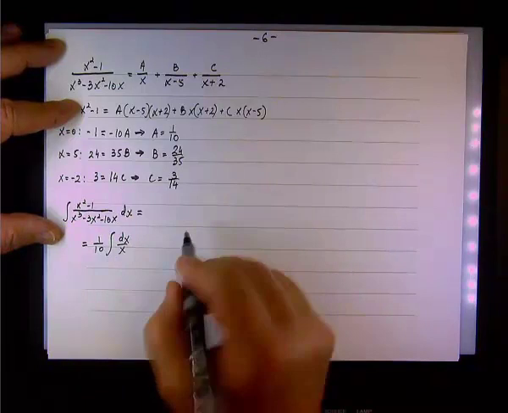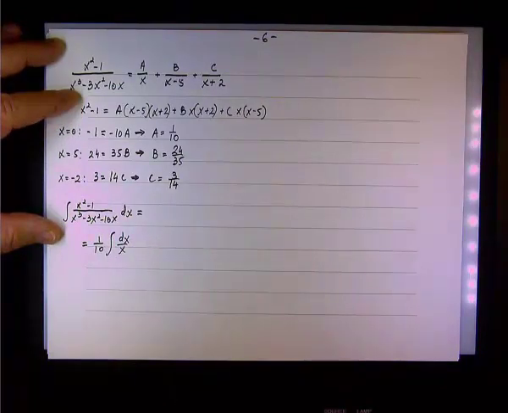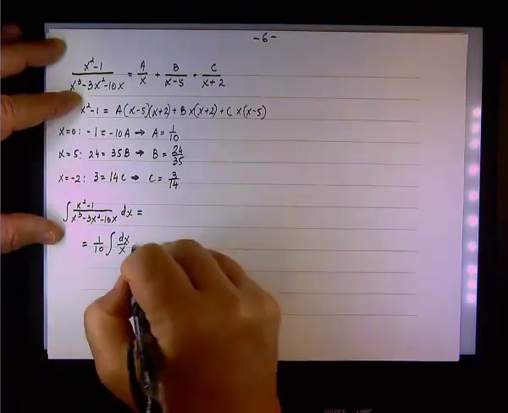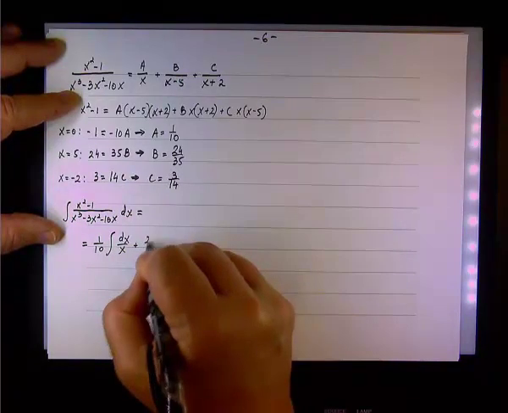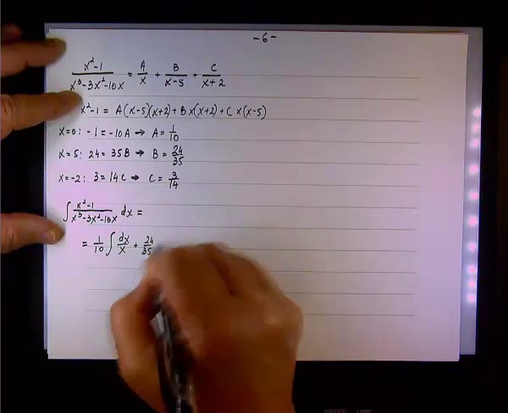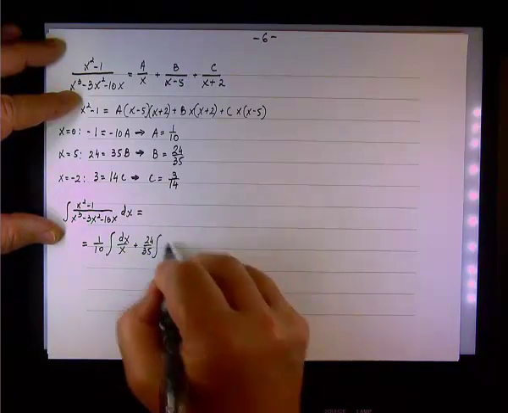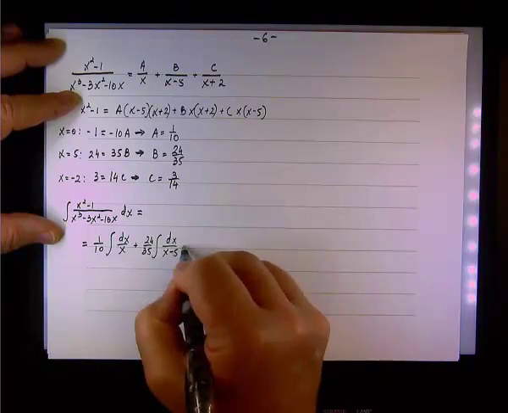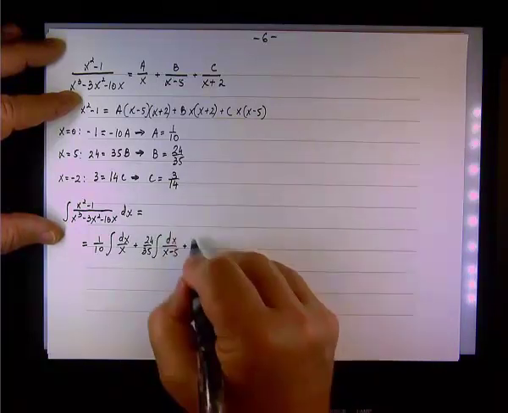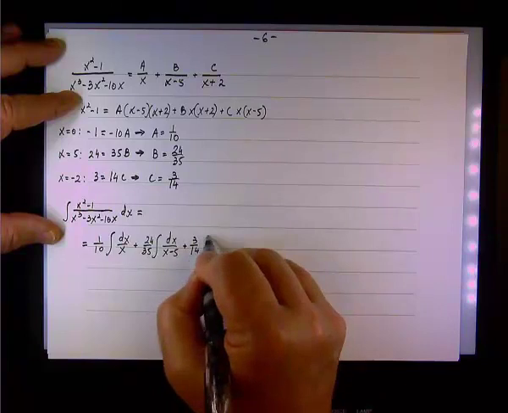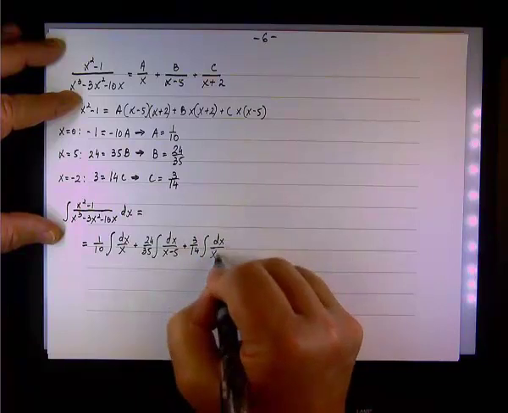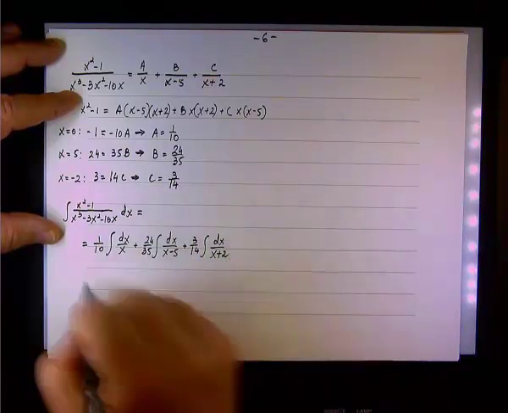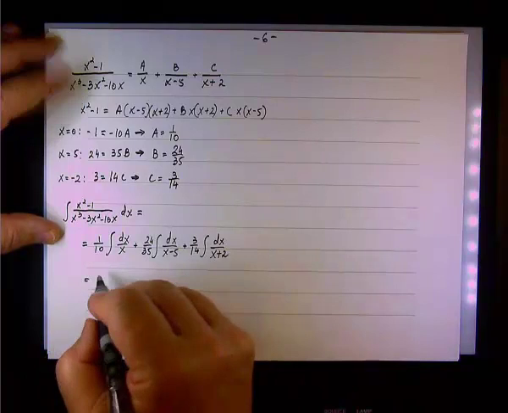equals to what? Let's see. A, 1/10. So we have 1/10 integral of dx over x. B, 24 over 35, integral of dx over x minus 5.